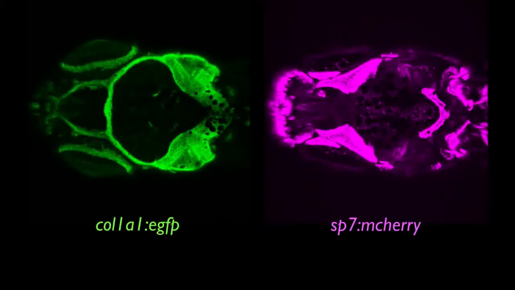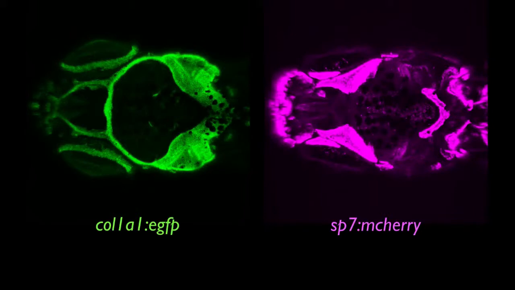So in my lab, we have exploited some of the primary strengths of zebrafish as a model system: its accessibility for imaging throughout development, and the existence of many fluorescent transgenic lines that label specific cell types and tissues.